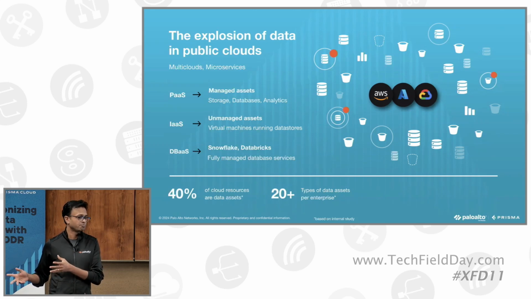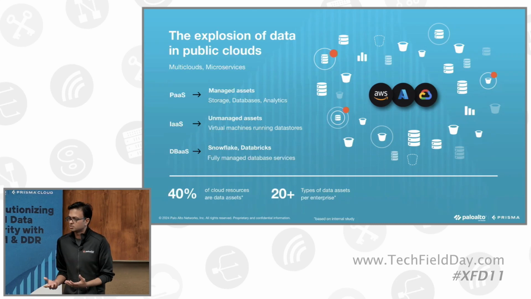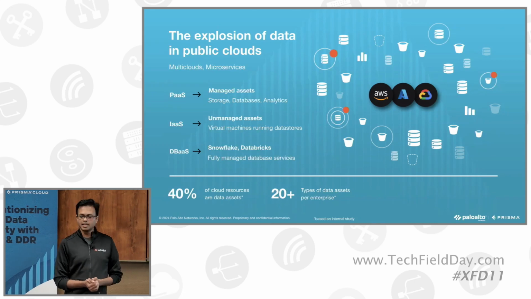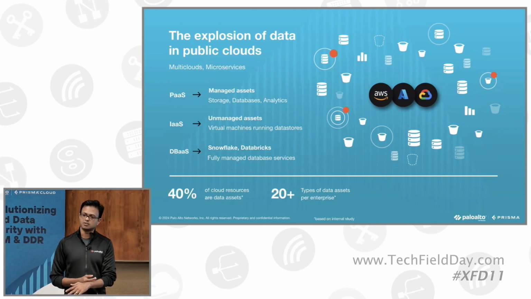To make things even more complicated, I can lift and shift data stores. And this has primarily happened because organizations in the last 10 years have said, I'm going to move all my applications out to the cloud because it's effective, it's faster, it's cheaper in some cases, right? And this has brought in a ton of data stores.